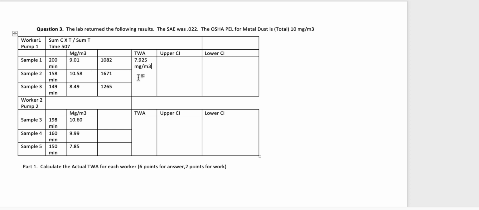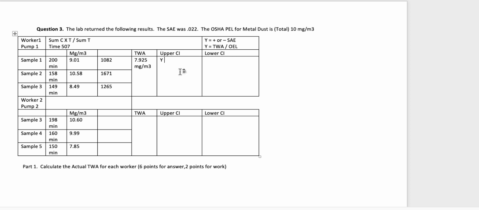So our next step would be to calculate our upper and our lower confidence interval. And we know the formula for that is y plus or minus the standard analytical error, where y equals the time-weighted average or the concentration divided by the OEL.